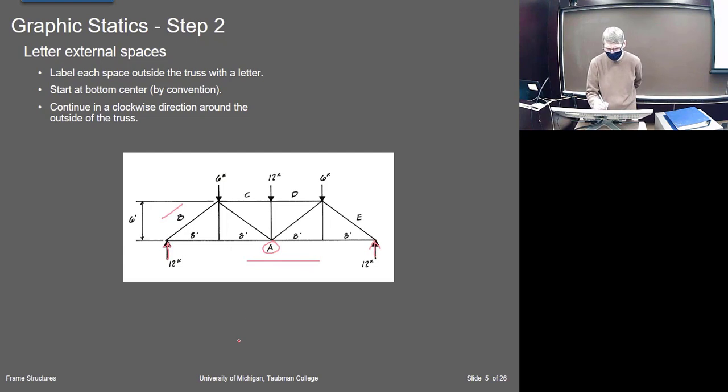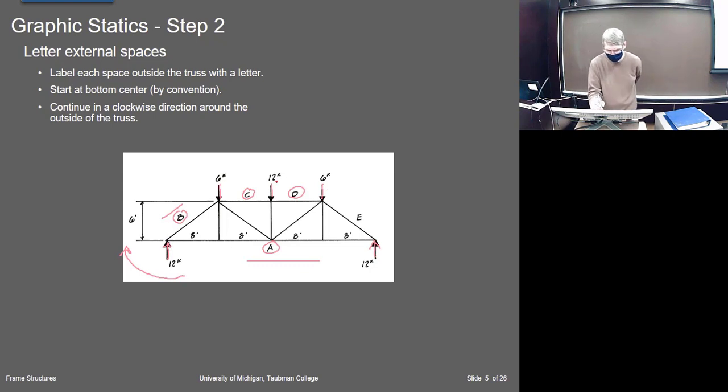I'll start and call that space A, and then I go clockwise around it. And this becomes B. And then the next one between this force and this force is C, and then the next force. So I'm not lettering the panels of the truss. I'm lettering the spaces between forces.